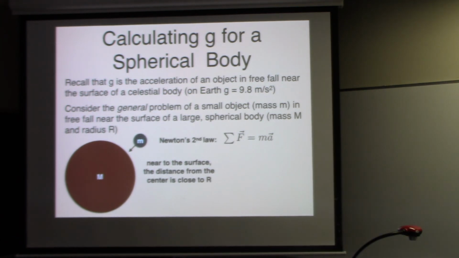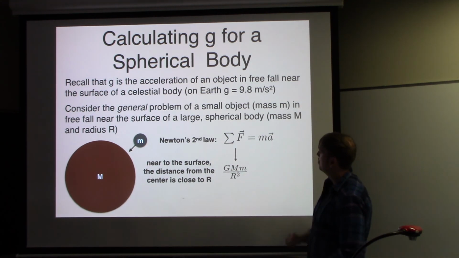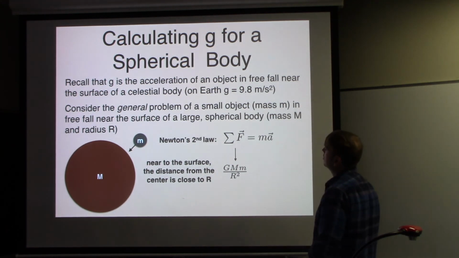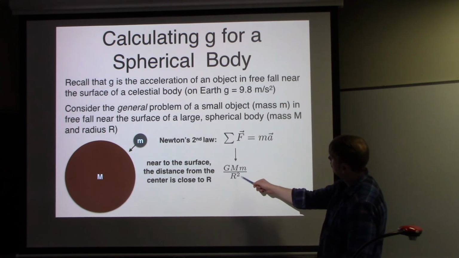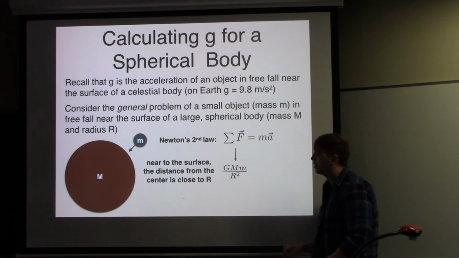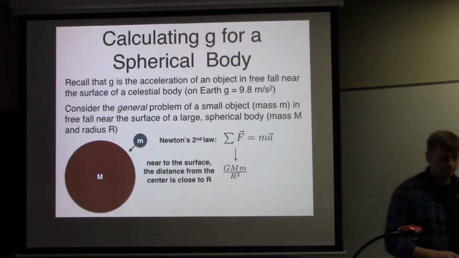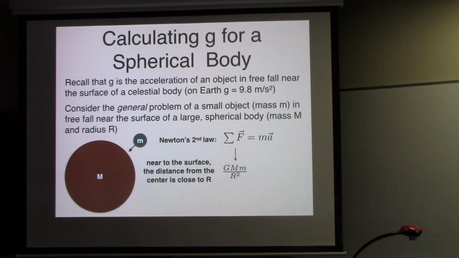Okay, so for the force we have big G, big M times little m, the product of the two masses, divided by the separation, which capital R is going to represent, the radius of the object, so divided by R squared.